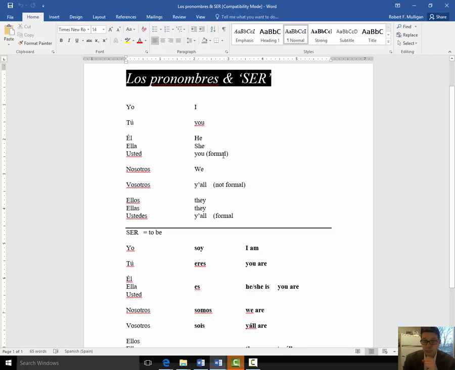In Spanish, like some other Romance languages, we have formal and informal forms when you're speaking directly to the person. For example, here with tú, this is the informal you. You'd use this with a friend, somebody you're close with. With usted, you might use this with your professor, maybe with a grandparent, with a business associate, etc.